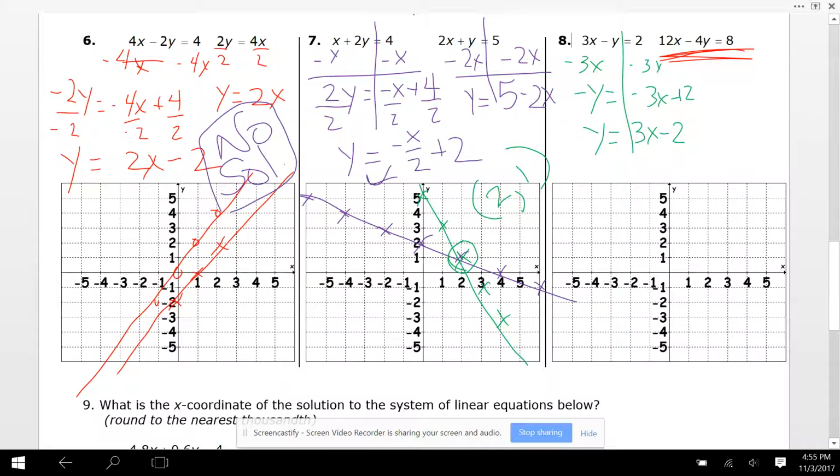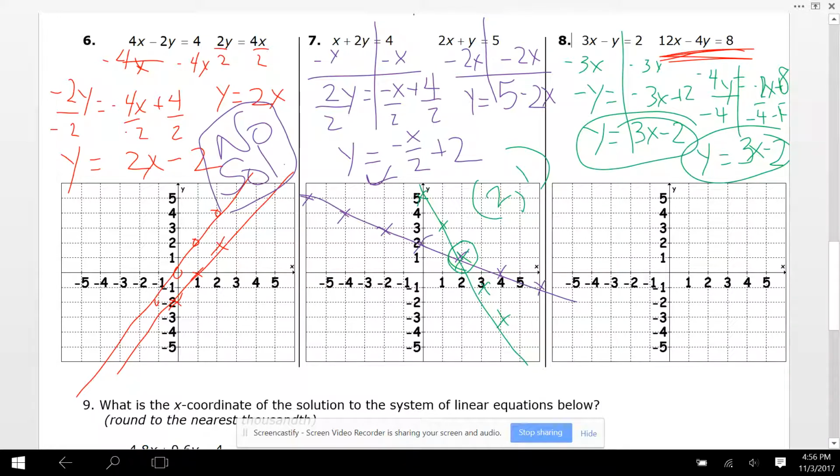Your other one is going to be negative 4y equals negative 12x plus 8, divide by negative 4. So I end up with y equals 3x minus 2. Dang, look, it's the same. Same equation, same line, infinite solutions.